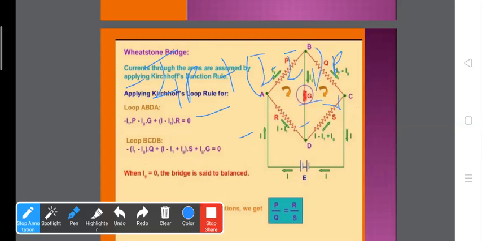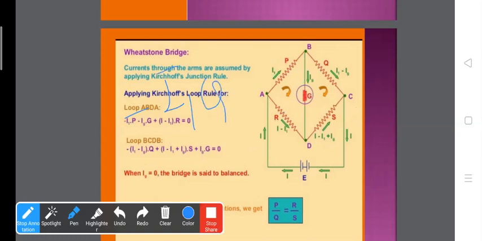And from equation 2, minus I1 into Q plus (I minus I1) into S equal to 0. So these two are equation 3 and equation 4, right?